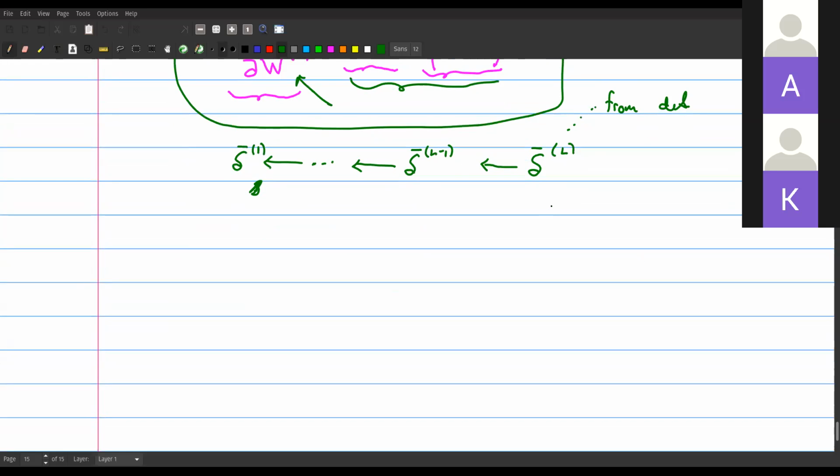Okay, so how does this recurrence relation between these deltas work? This is the second crucial formula, which I am also not going to justify here.